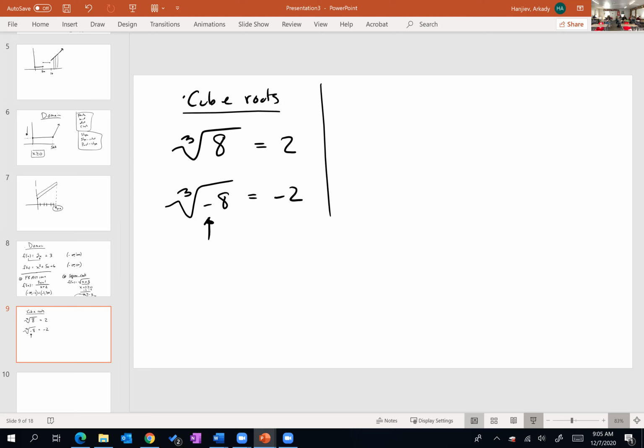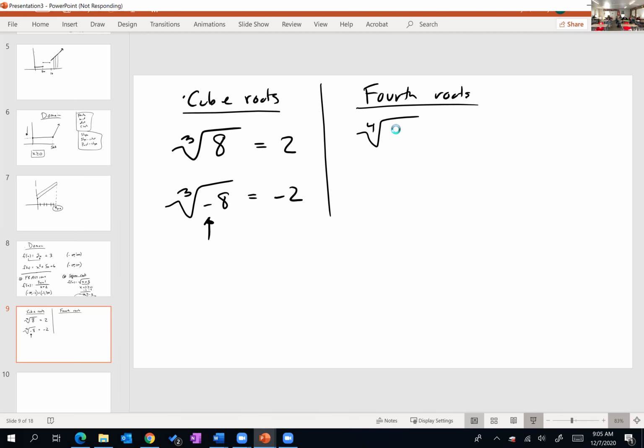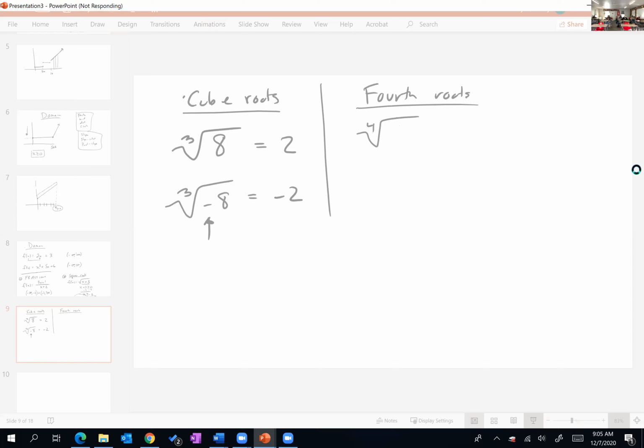So how about a 4th root? If I do the 4th root of 81, I need a number multiplied by itself 4 times to give you 81.